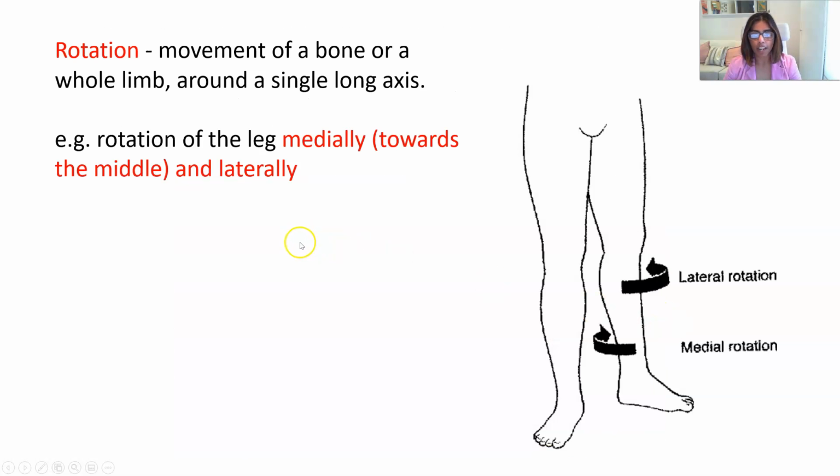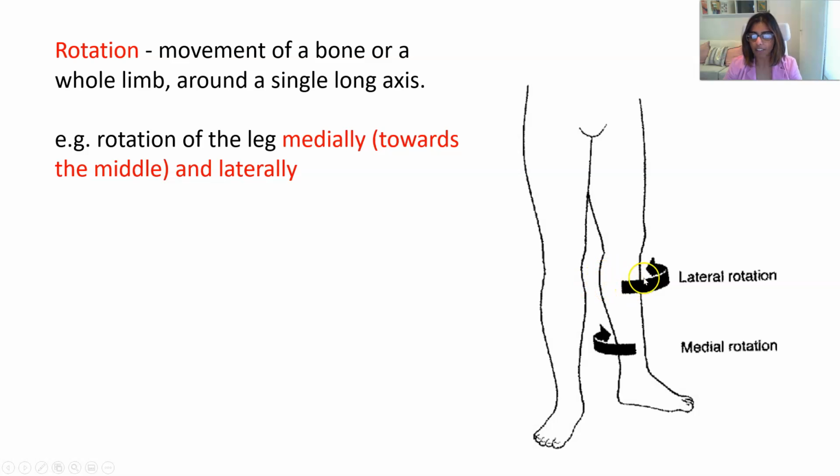Lastly, we're going to be looking at rotation, and this is when a bone moves around a whole limb or a single axis. So rotation of the lower leg, when you swivel your knee in and out, you might think of that happening here.